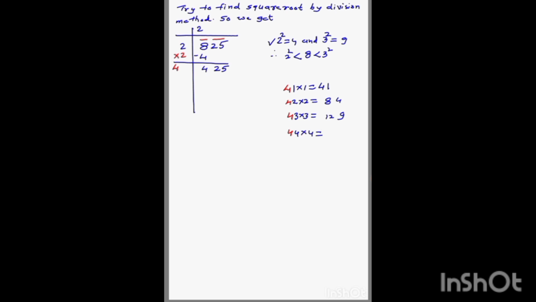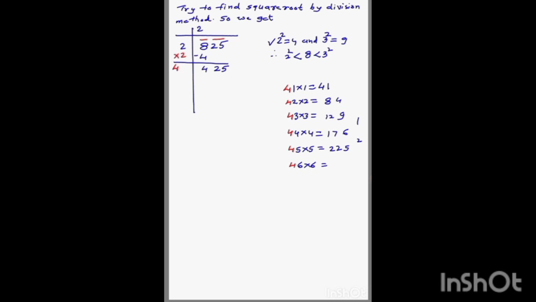So 44 into 4 is 176. 45 into 5 is 225. Then 46 into 6. Once you understand it, this is very simple.